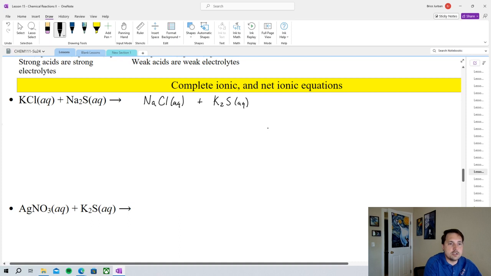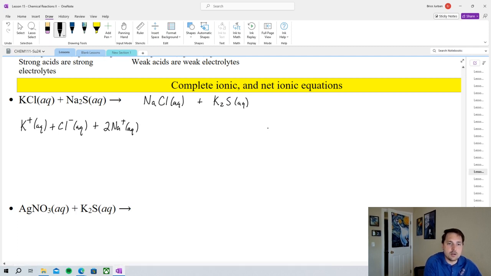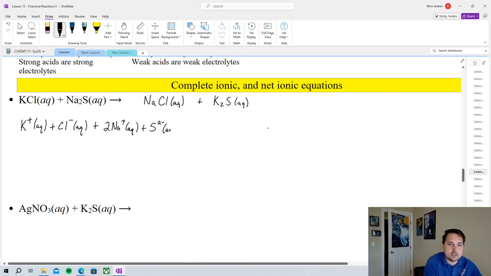Then if I think about it, in actuality, potassium chloride is K plus and chloride minus. So I'm going to break apart each of these into its respective ions, and we're going to pay attention to how many of them there are as well. I'm going to write aqueous for all of these to remind us again that these ions are surrounded by water.